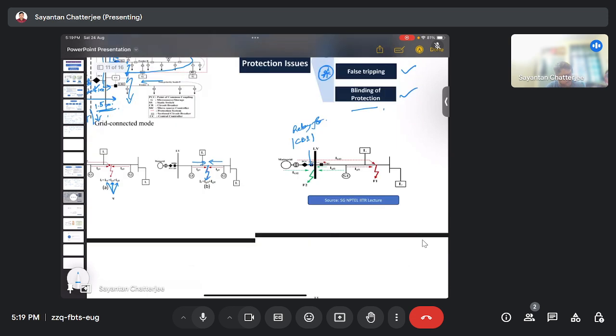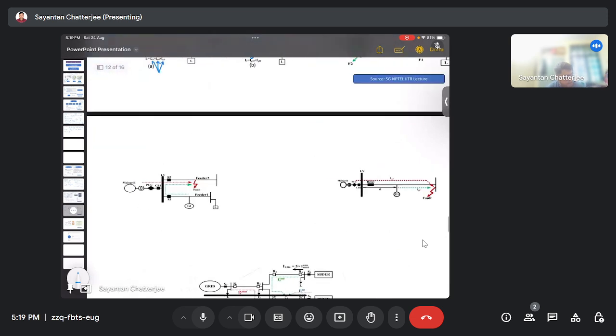And also we have the blinding protection. So here there would have been a fault. Current would be flowing and R1 can trip, and it is unintended. That is not at all required from its side.